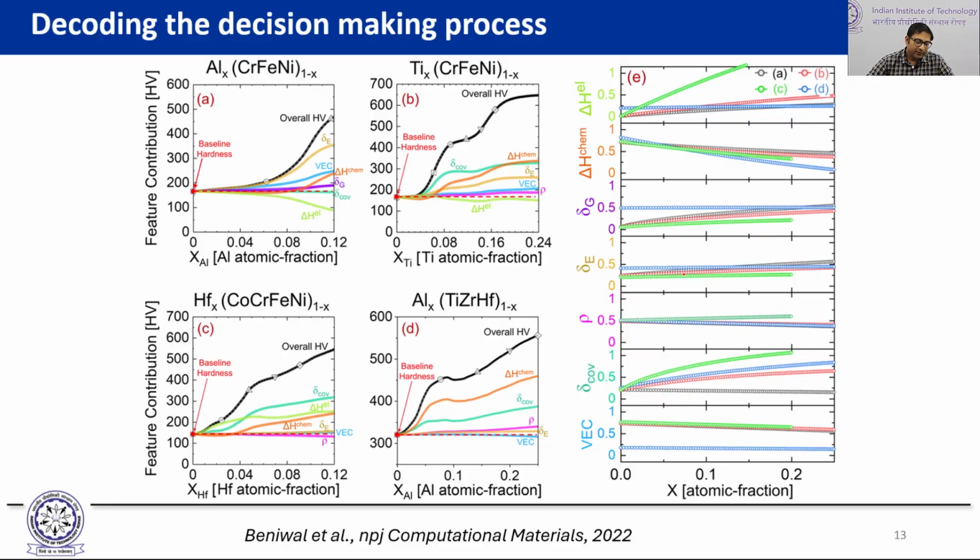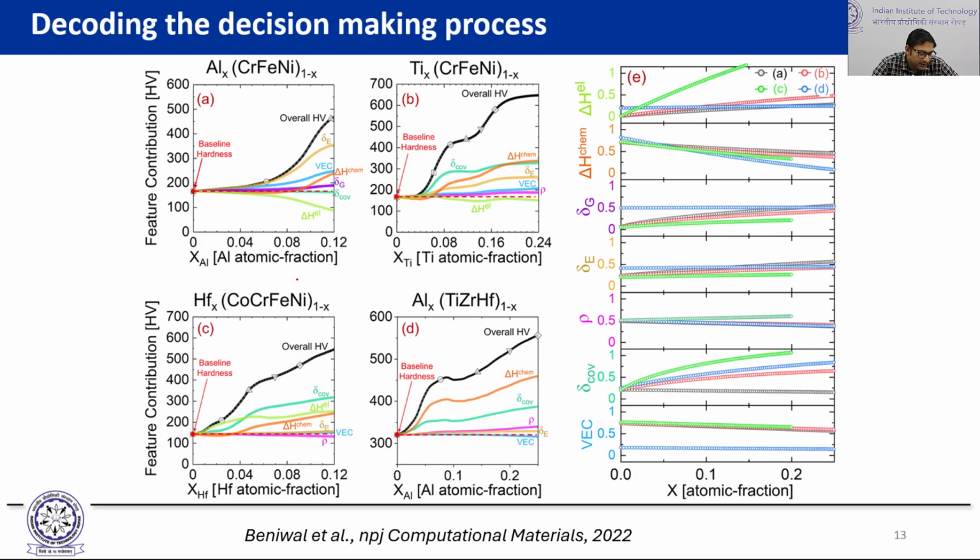In addition to that, when we try to decode the decision-making process, we will be using the COSMOR framework, which we had just discussed in the previous lecture. And so here, for the COSMOR analysis, what we are doing is we are simply looking at the change in the composition. That is the compositional stimulus that we are providing to the machine learning model.